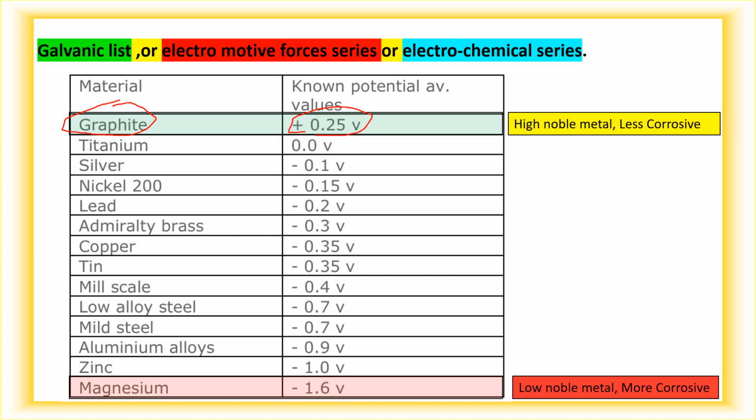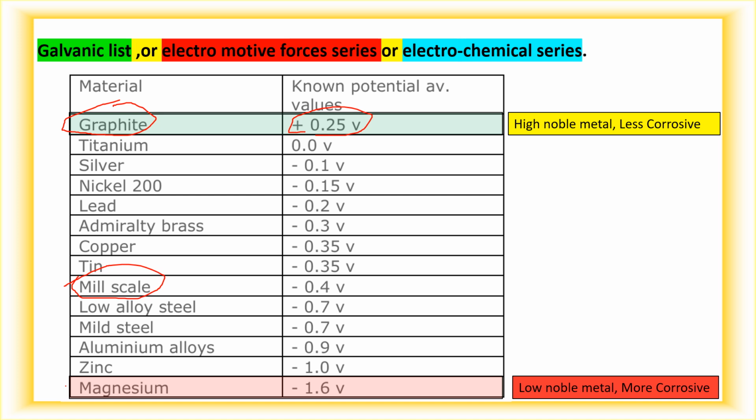So if you compare, magnesium, zinc, aluminum and mild steel are more corrosive, but graphite, titanium and silver are less corrosive. And this is the mill scale, which has minus 0.45 volt.